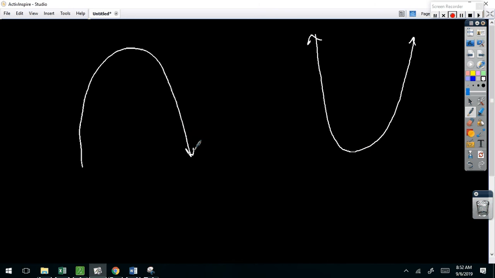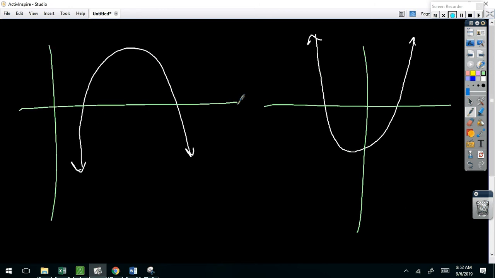All right, so they look like this. That's what we have. They could go up or they could go down, right? And let's say this is the axis. There are some important points on here. We're going to talk about these important points today.